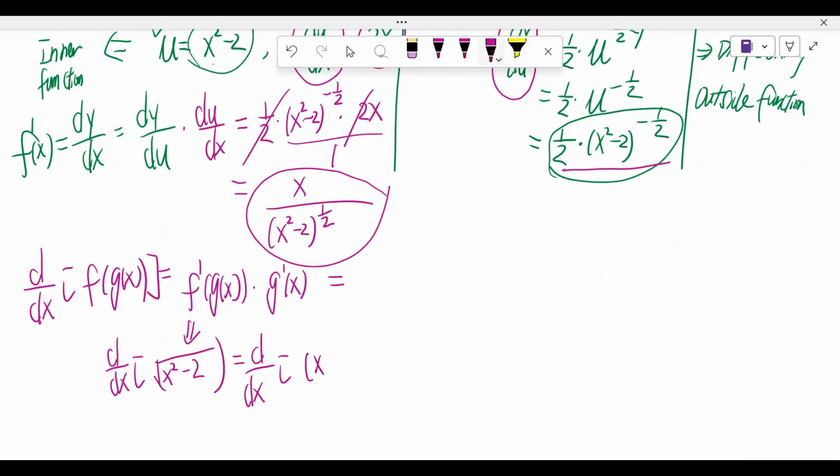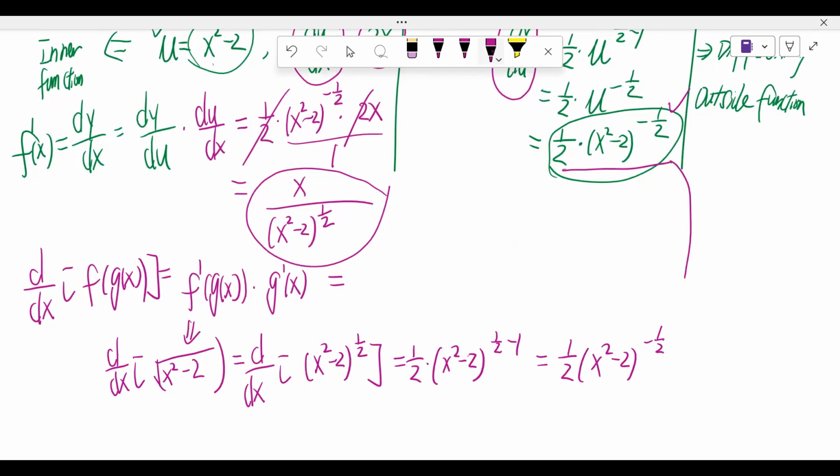So it becomes x squared minus 2 to the half. The way we differentiate it is just the outside function, so half goes in the front and reduce the power by 1. Half minus 1, right? That's exactly this right here. And if you simplify a little bit, x squared minus 2 to the negative half. You see, that makes this connection here.